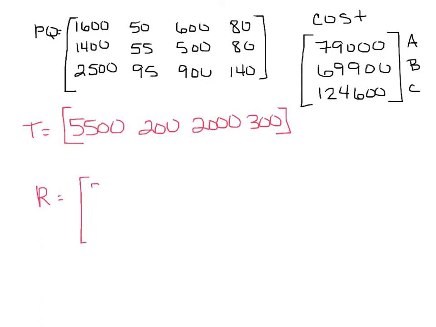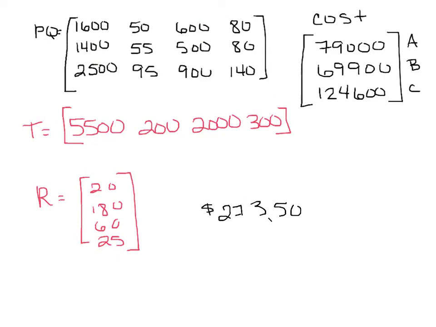That's the one that was 20, 180, 60, 25. So when we multiply this matrix by the cost, it's going to give us the entire budget for this entire subdivision, and that value is $273,500.